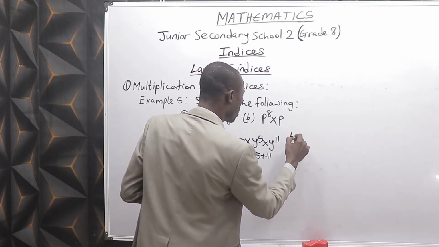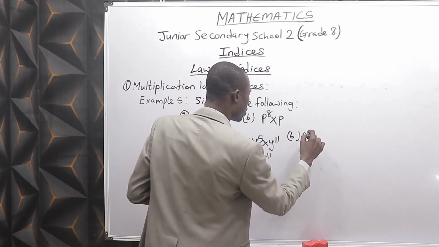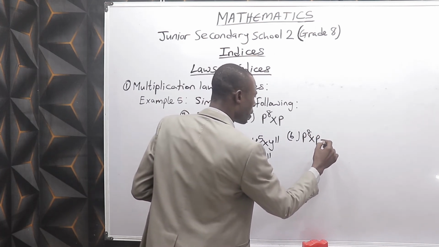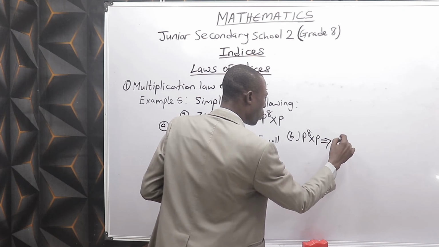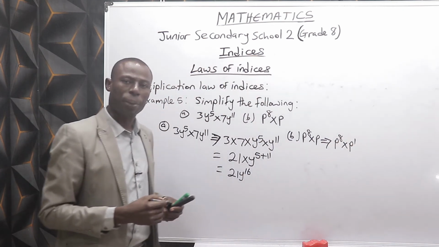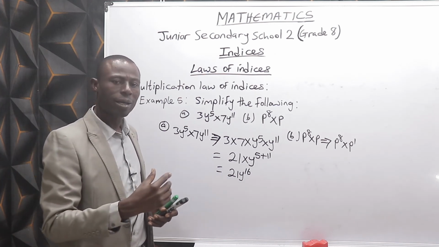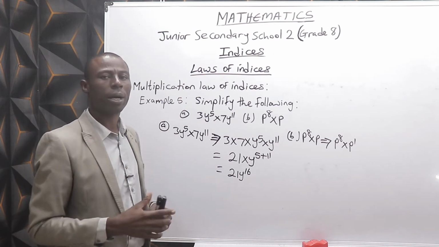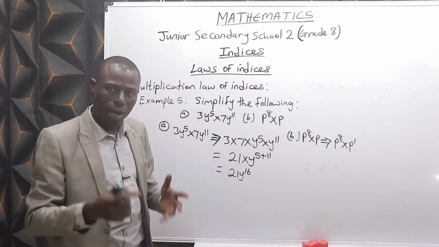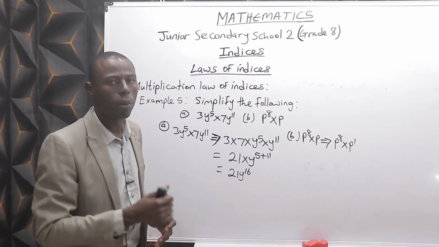For question B, p raised to power 8 times p actually means p raised to power 8 times p raised to power 1. That p that is without power is actually having power 1. When a variable does not have a power or any power, it has power 1.